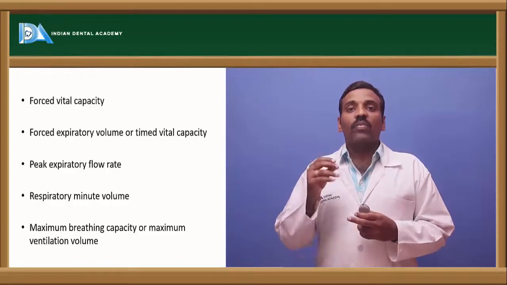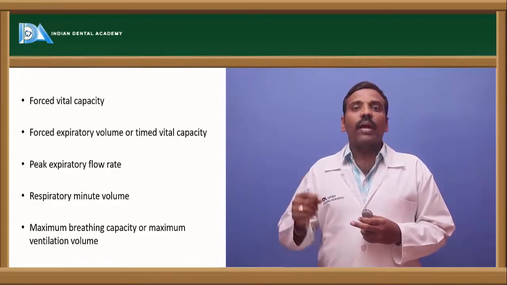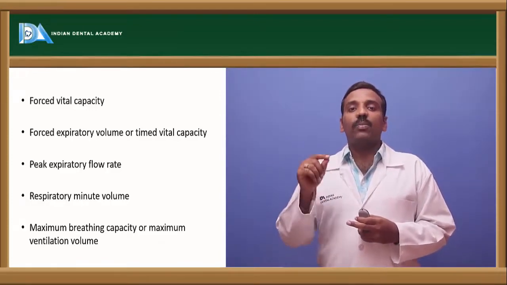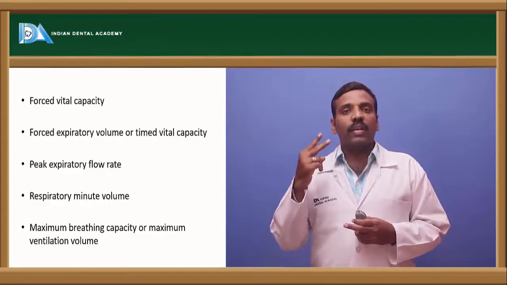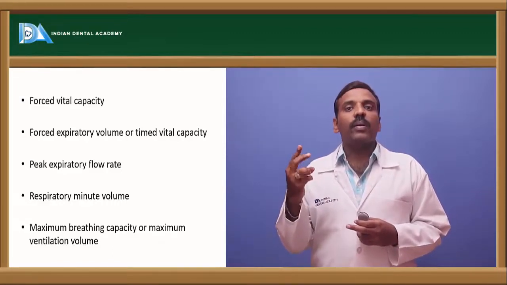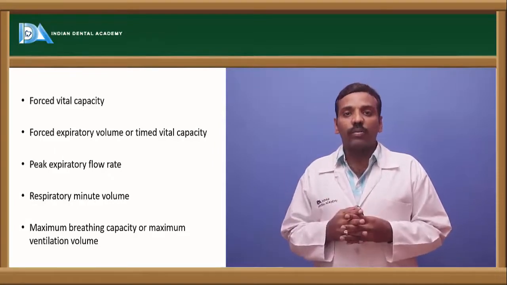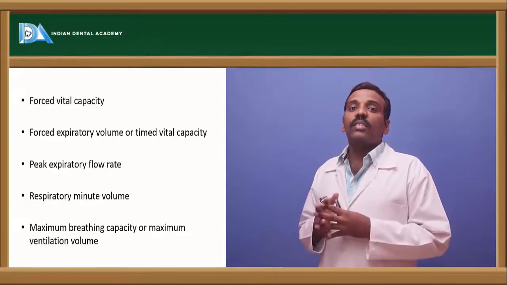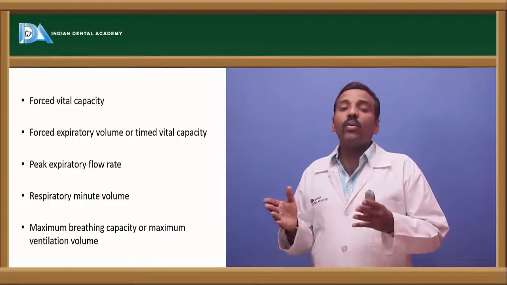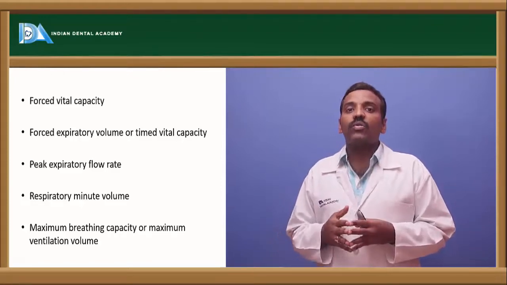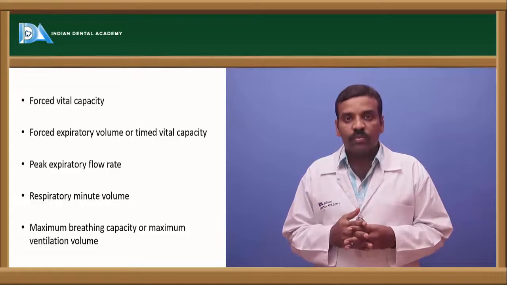It includes FEV1, FEV2 and FEV3: forced expiratory volume 1, 2 and 3. Like this, three forced expiratory volumes are present. That's why it is called timed vital capacity. Including all of these, that is called forced vital capacity.